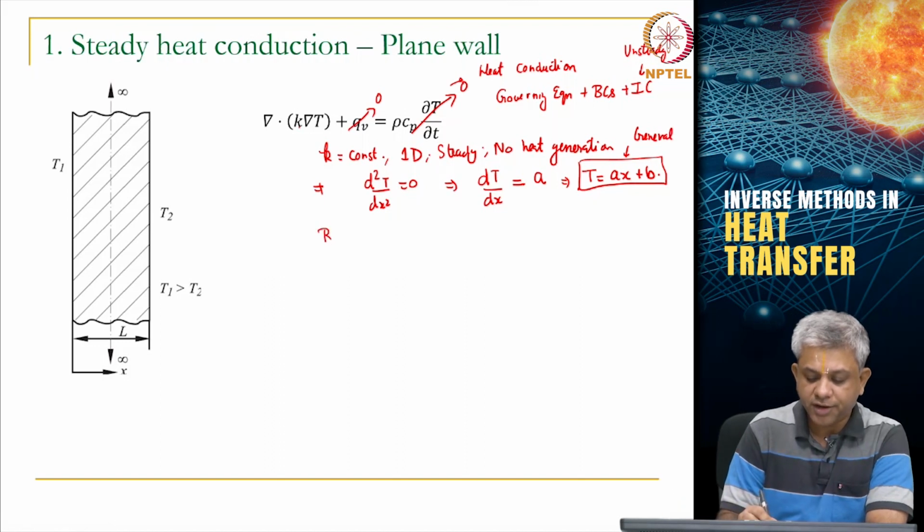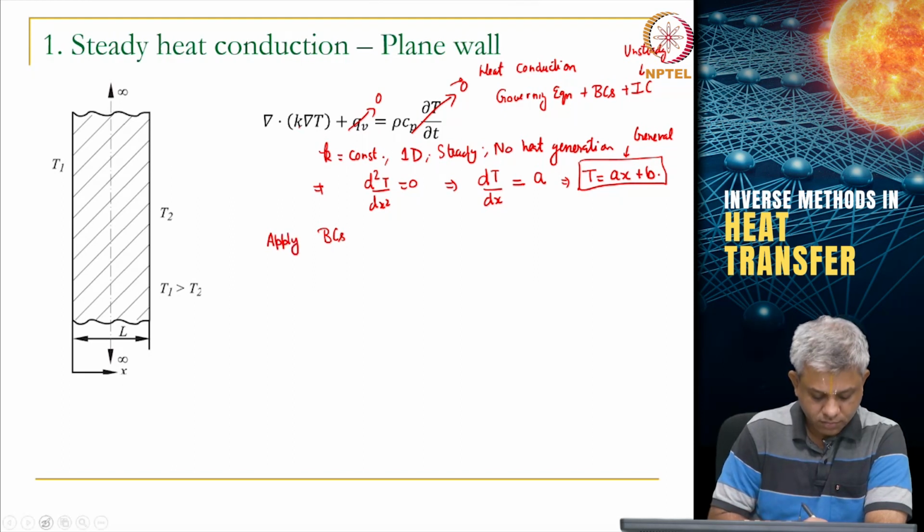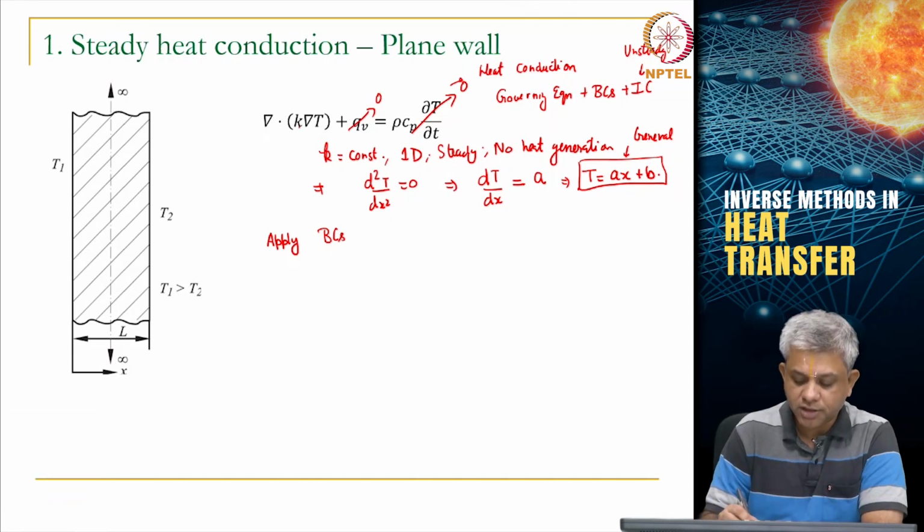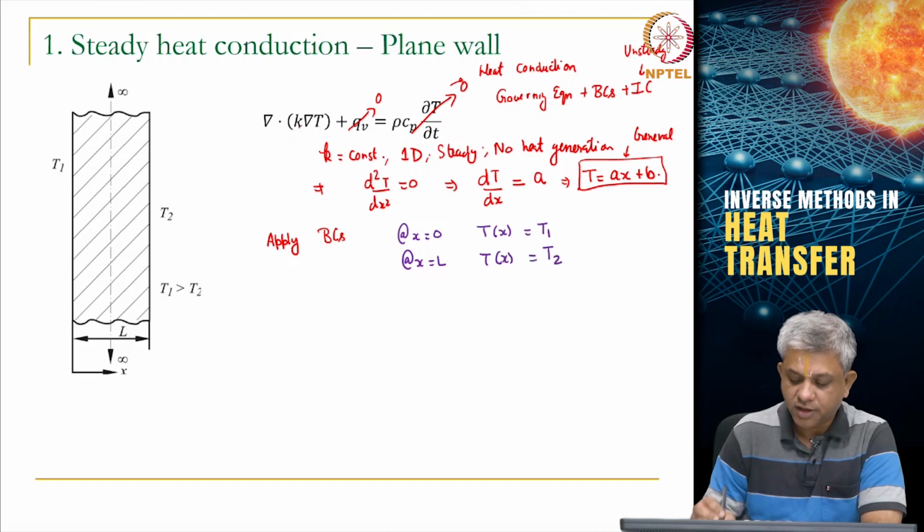You apply the boundary conditions. The boundary conditions are at x equal to 0, temperature is T1, and at x equal to L, temperature is T2.